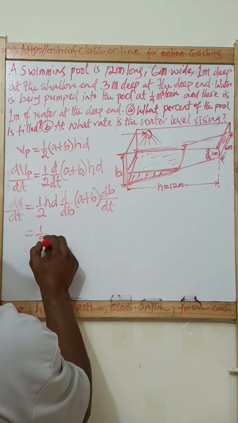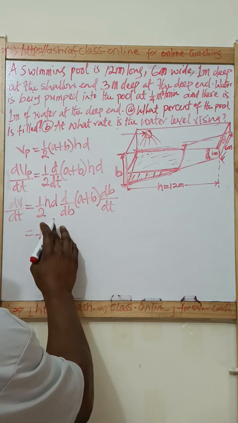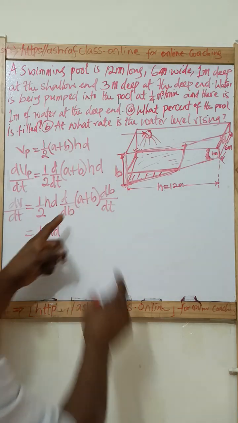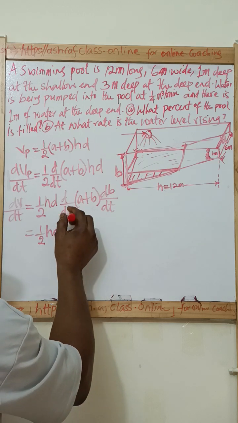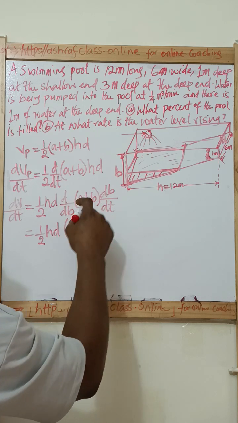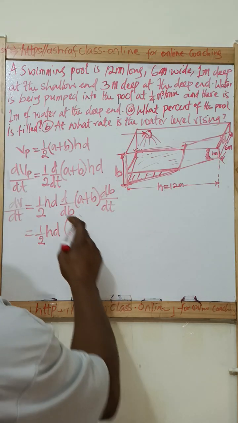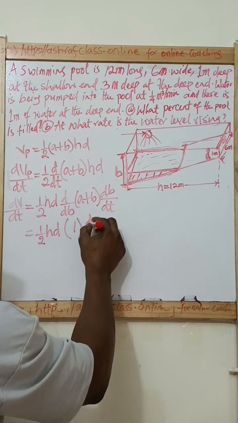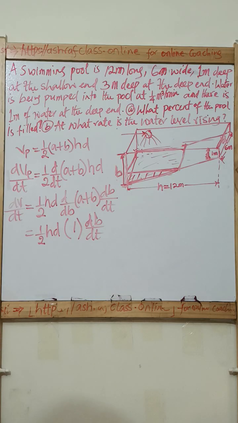So that will be 1 over 2 H D. Now d/dB of this one is going to be what? When you differentiate A, the differential of a constant is 0, and the differential of B is 1. Okay, dB/dt. That's what we'll be left with.